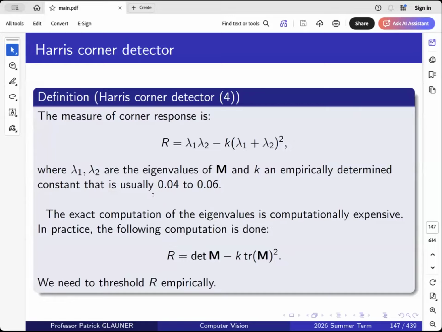You would fine tune this, but now we just say it's 0.04, and we would get a corner response R.